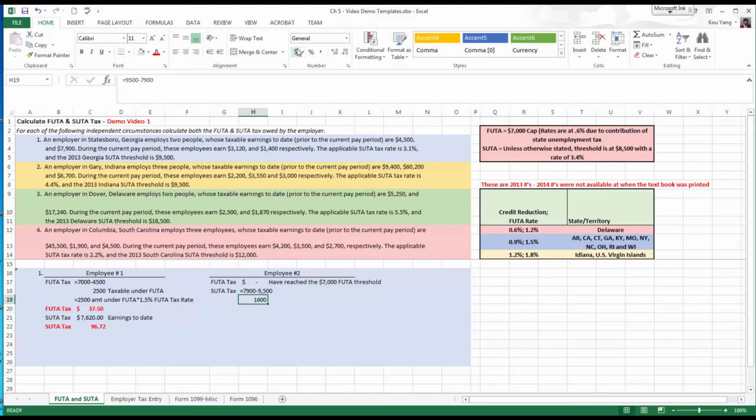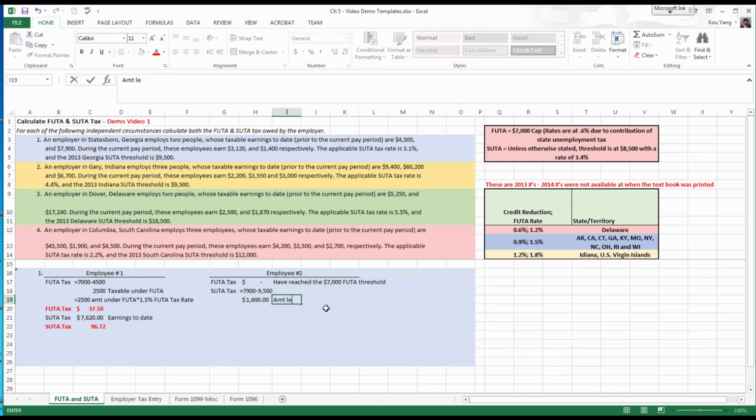That is the amount that is left under SUTA. I took what they've made so far and subtracted it from the SUTA threshold, and found that they have $1,600 left under SUTA taxes. That's the amount we would tax under SUTA times the 3.1%.